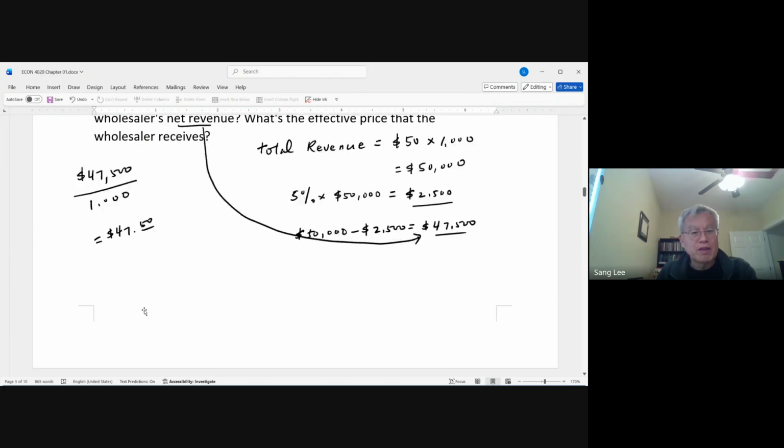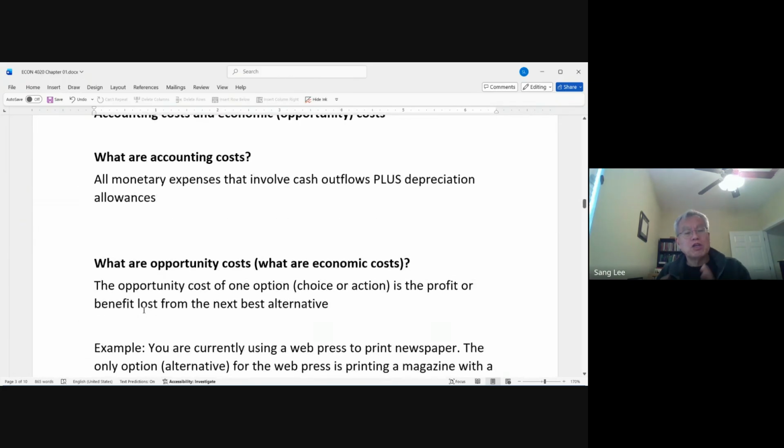Okay. Now, the first main topic of today is the distinction between the accounting cost and the opportunity cost. You learned about these concepts a while ago when you took the principles of microeconomics course, Econ 2020.